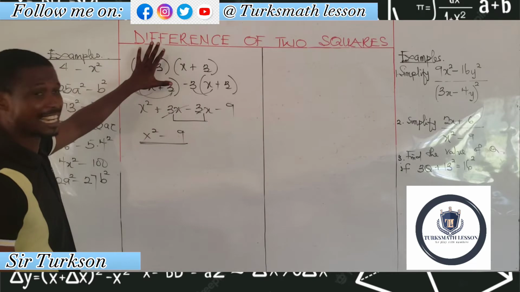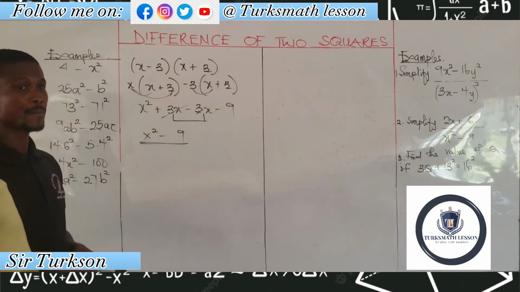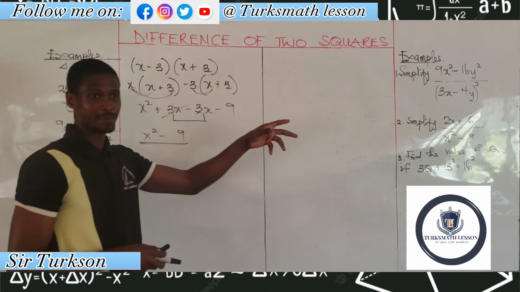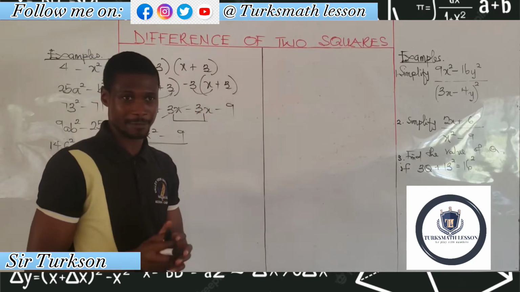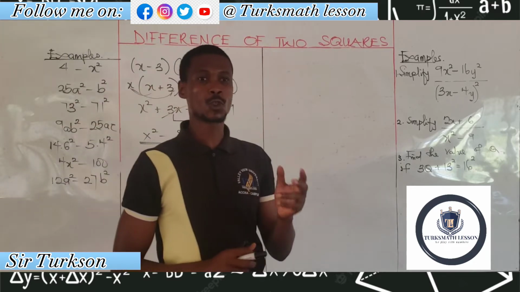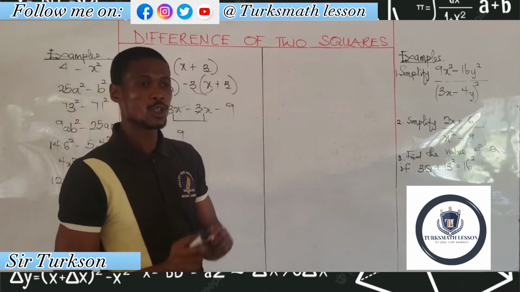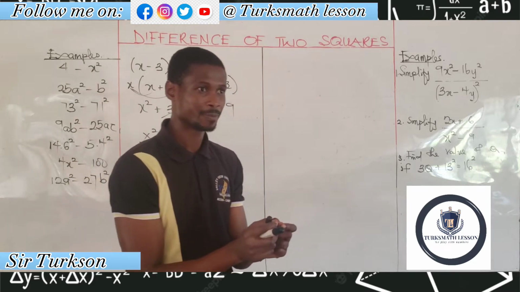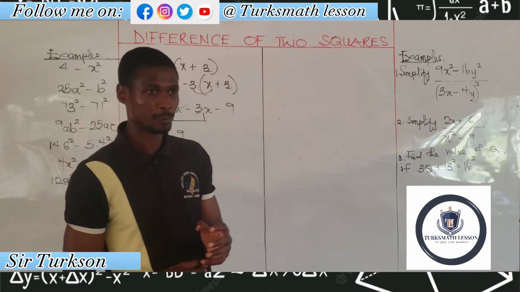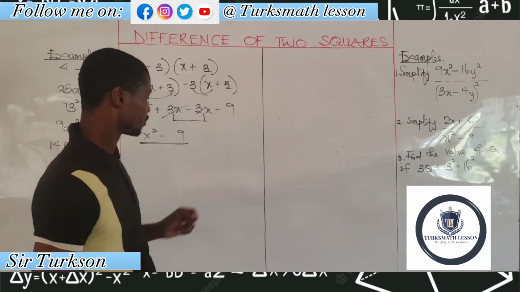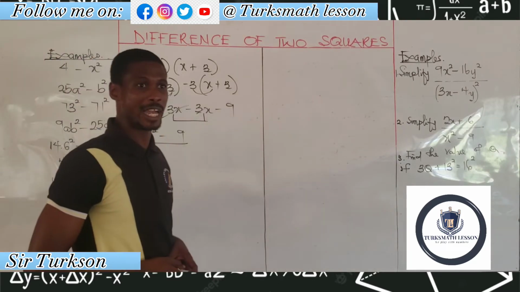Thank you for giving this nice example. This is what we are going to do today. Today, we are going to look at difference of two squares, and let me explain what it means. Difference of two squares is a type of quadratic factorization used when an algebraic expression is made up of a square term subtracted from another square term.